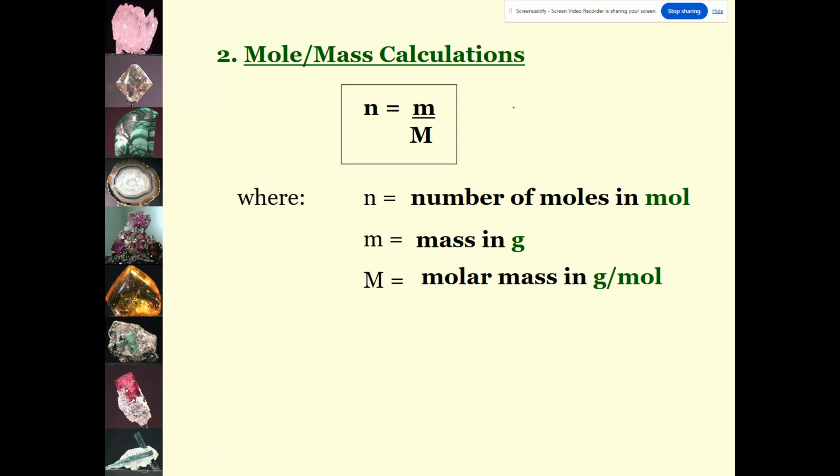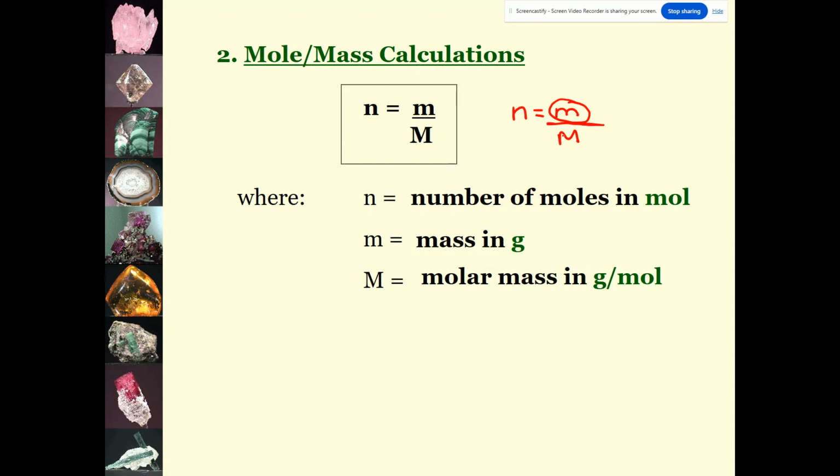So let's say we have this formula and we want to rearrange to solve for something else. Let's say we want to rearrange to solve for mass. Okay? Right now, in order to solve for mass, I need to get rid of the molar mass. I need to isolate the variable I want to find, so I have to get rid of everything else. The molar mass right now is at the bottom, the denominator position of this division symbol.